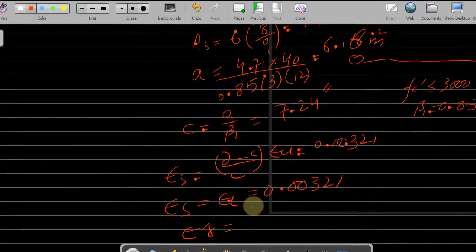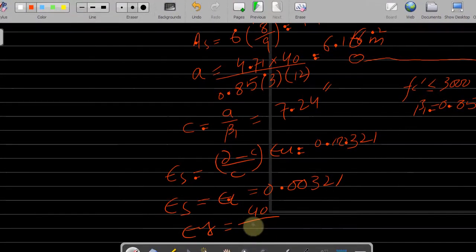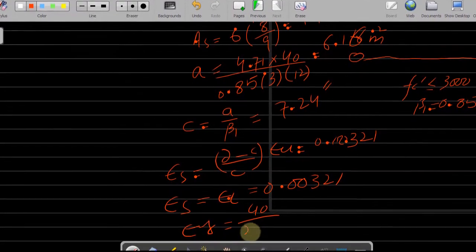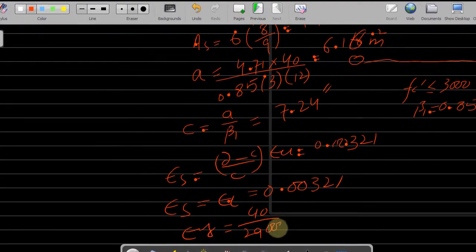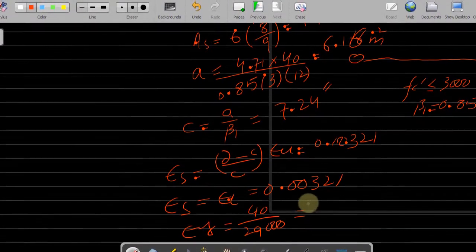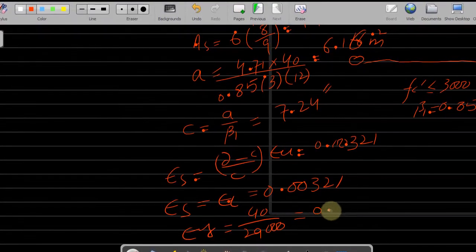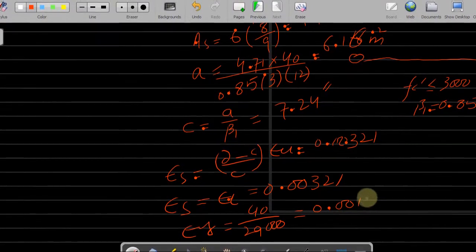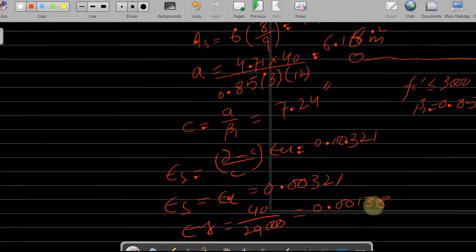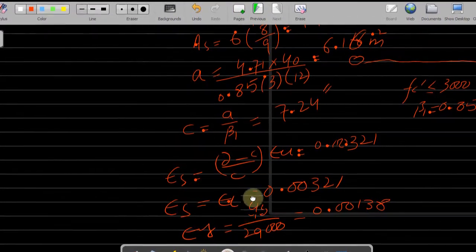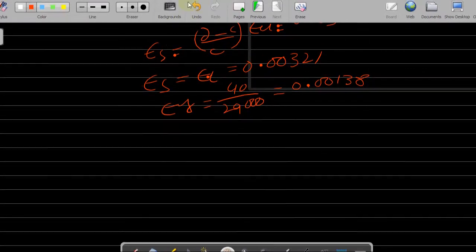We can calculate it as Fy, that is 40, divided by Es, the modulus of elasticity of steel, that is 29,000. If you divide this, you get the epsilon y value, that is 0.00138.